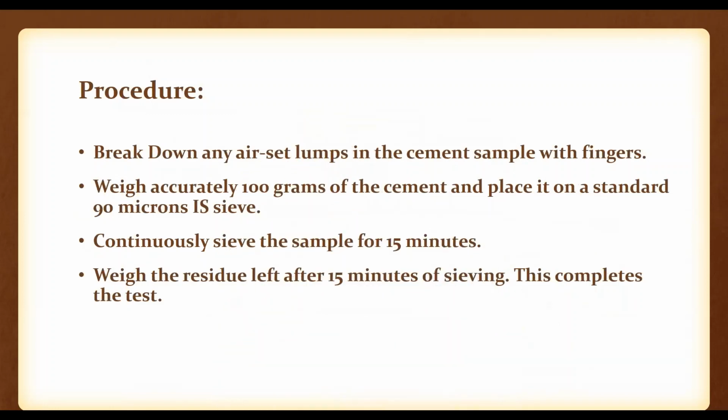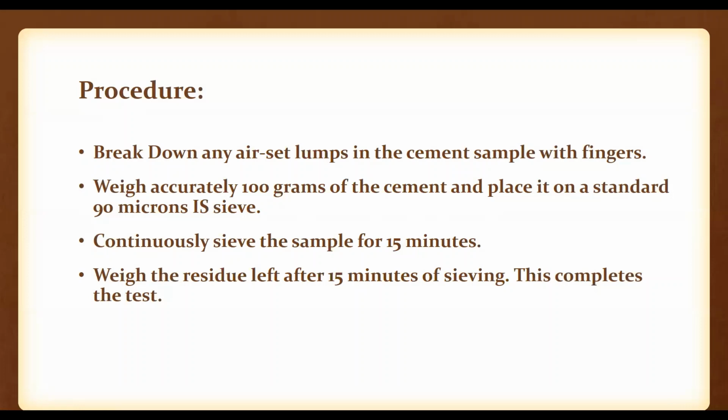This is the procedure. Break down any set lumps in the cement sample with fingers. If you have lumps in the cement, you have to crush them with your fingers, but take care that you are wearing gloves. Weigh accurately 100 grams of the cement and place it on a standard 90 micron IS sieve.